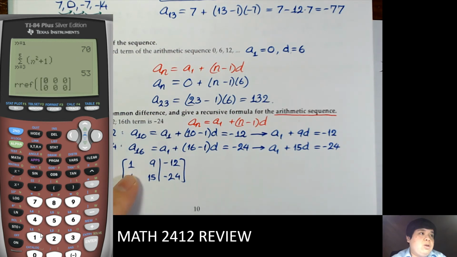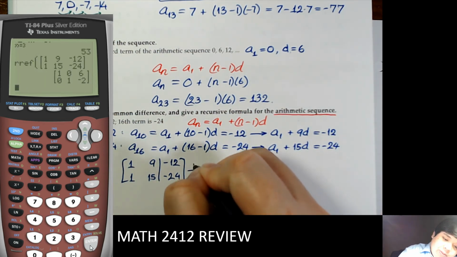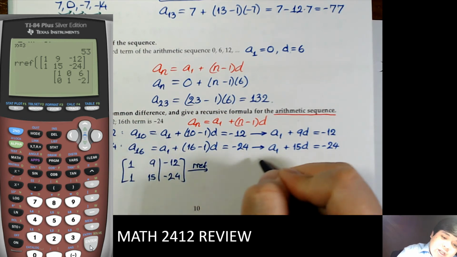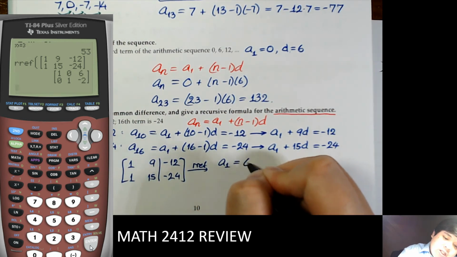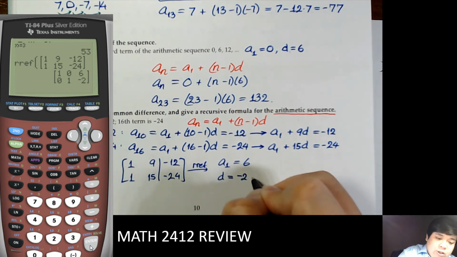Right. 1, 9, and negative 12. 1, 15, and negative 24. Right, 6 and negative 2. So when we do that, a1 is equal to 6. a1 is the first one, d is the second one, negative 2.